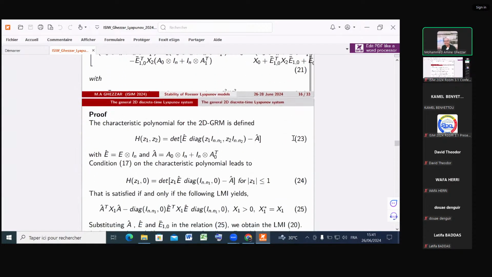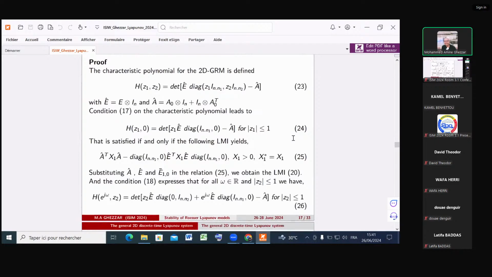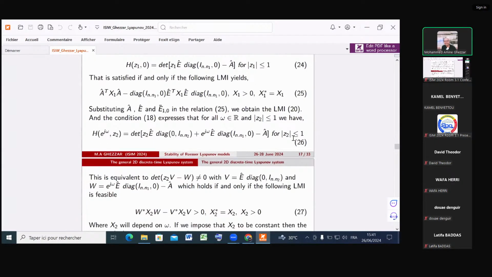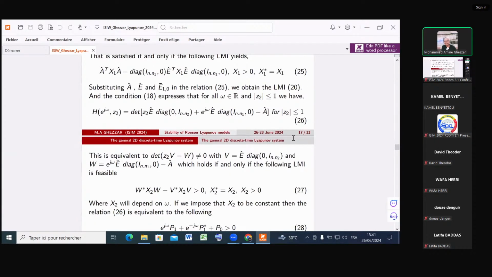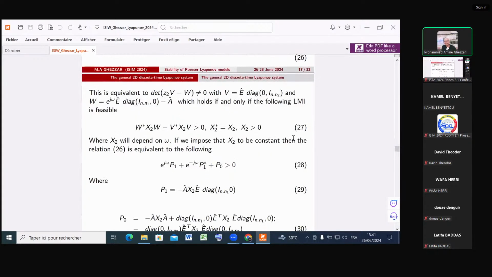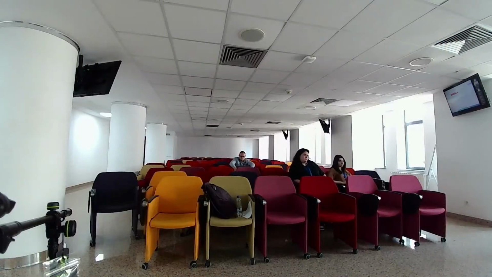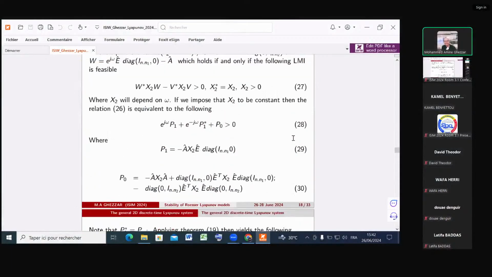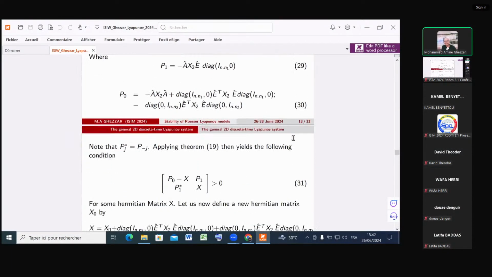The proof starts with the spectral study and uses some definitions and some algebraic definitions and properties.